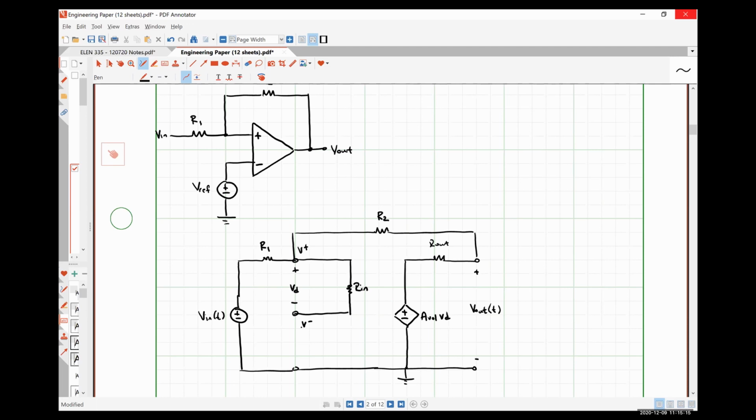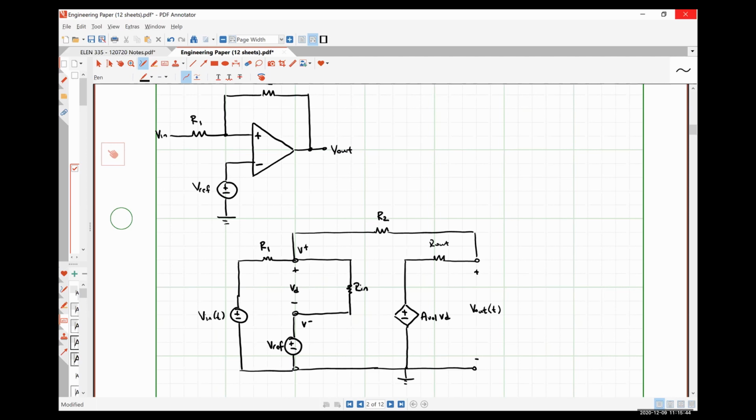And between my inverting input terminal and ground, I have that voltage V reference. Before we move along, does anybody have any questions, comments, concerns about how I've redrawn my circuit using the practical op-amp model? Anybody see anything sketchy?